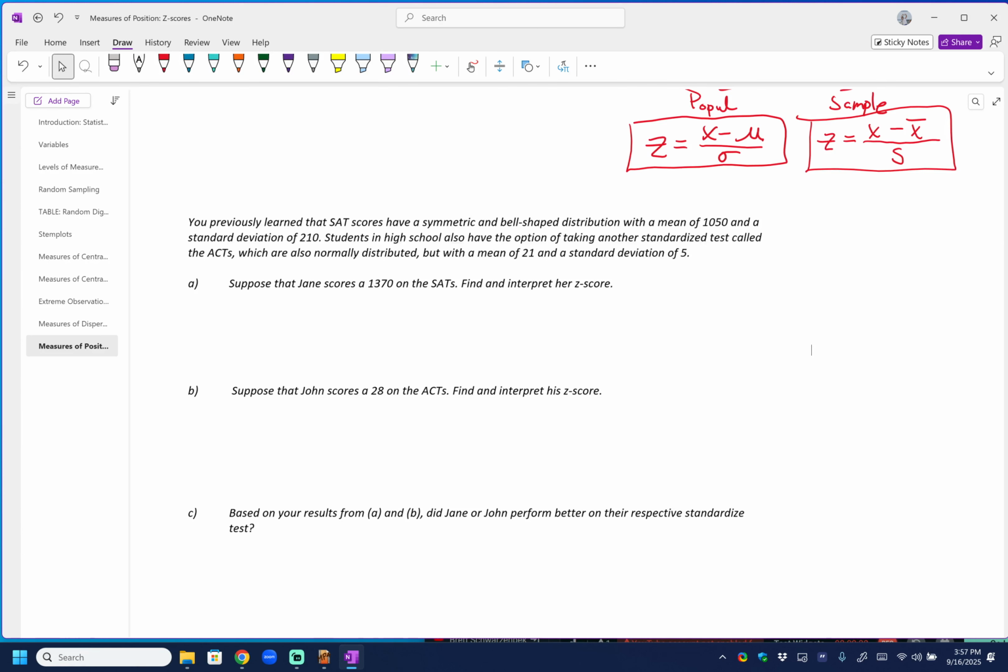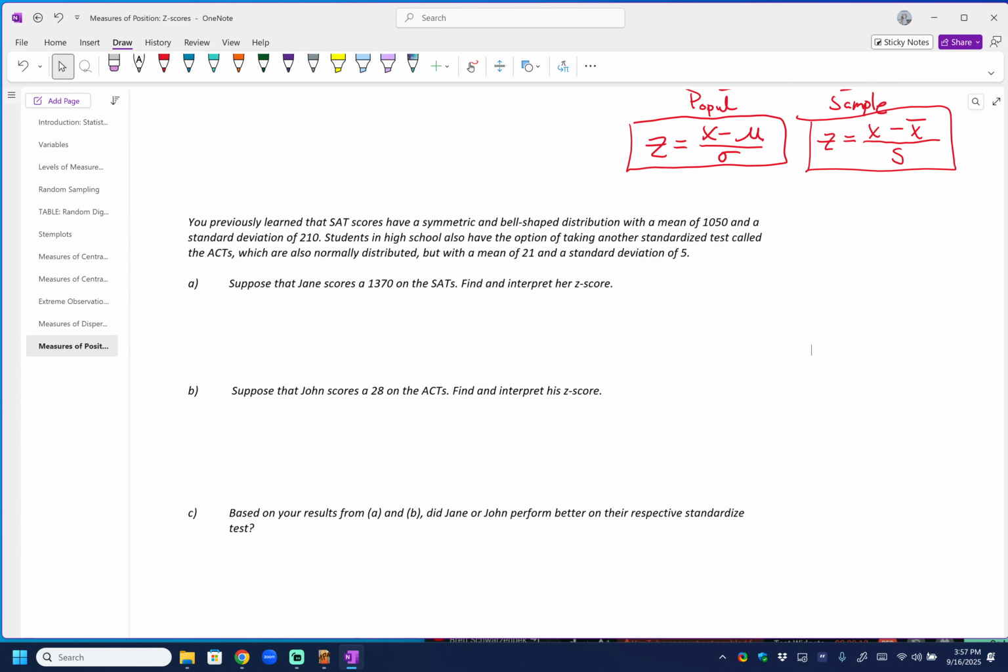Turns out that some students take the SAT and some take the ACT. It's actually a personal choice. So they are two different standardized tests, and you can see that they have much different means and standard deviations. But what if we wanted to compare scores from someone that takes the SAT and the ACT?